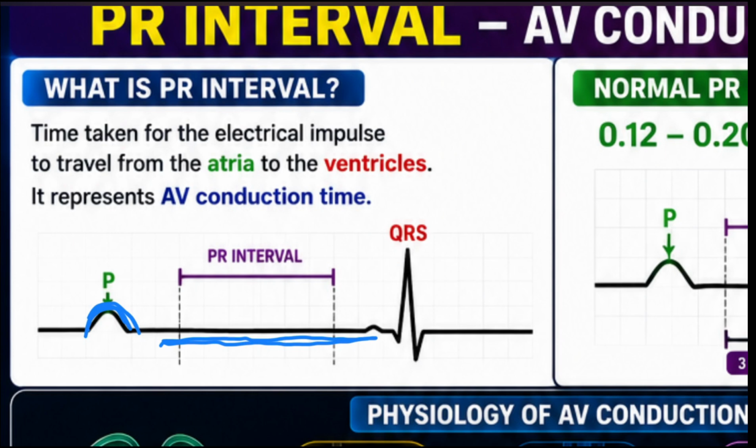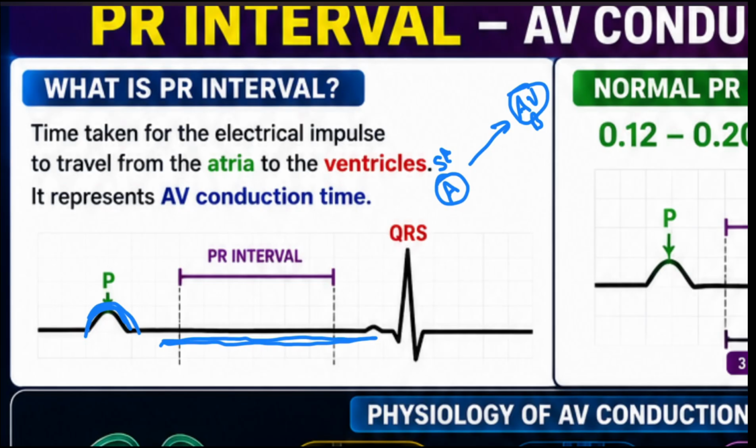For a simple example, imagine a train journey. The train starts at station A, that is the SA node. Next, it passes through a checkpoint, that is the AV node.